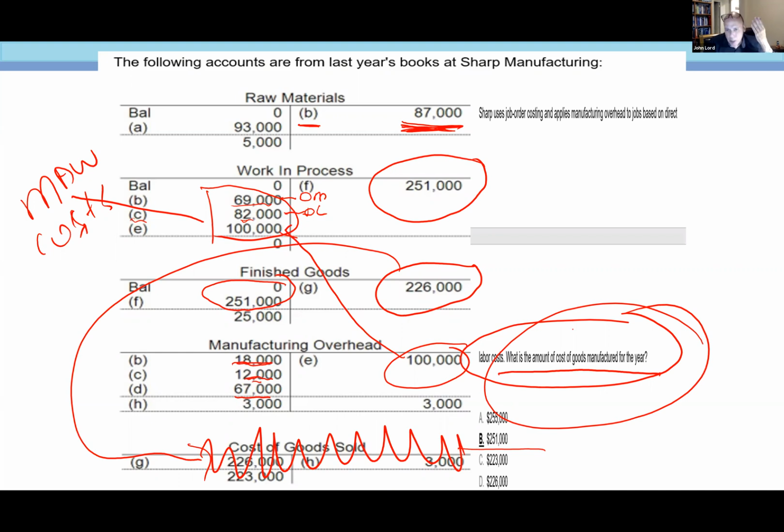Your cost of goods sold is what comes out of finished goods and goes into cost of goods sold. I'm not going to give you something like this that asks you what the cost of goods sold is because the university would call me up and say, hey, you're making business 20 way too easy because it says cost of goods sold on it. Okay.